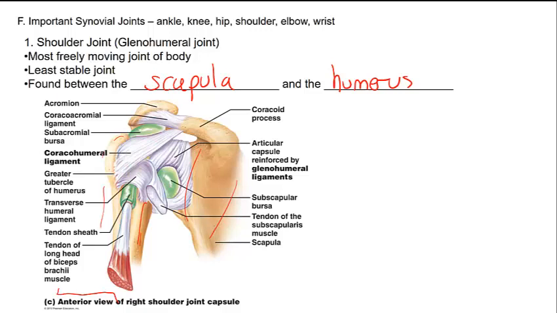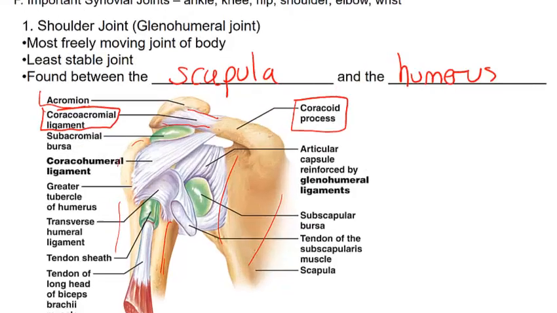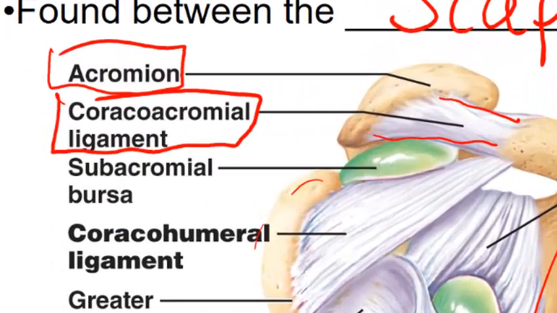And the ligaments can be named by the processes to which they're attached. So, for example, this ligament right here is called the coracoacromial ligament, and that's because it is attached to the coracoid process of the scapula on one end and the acromion of the scapula on the other end.